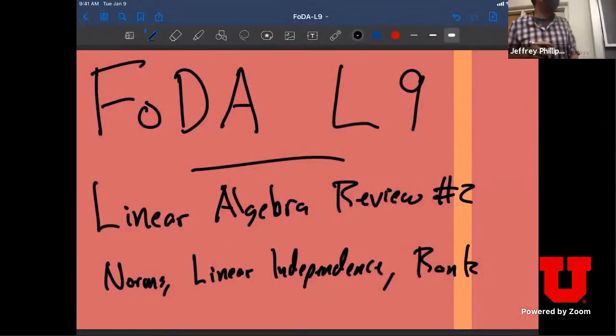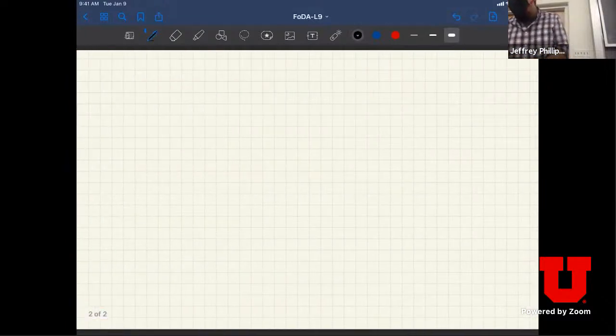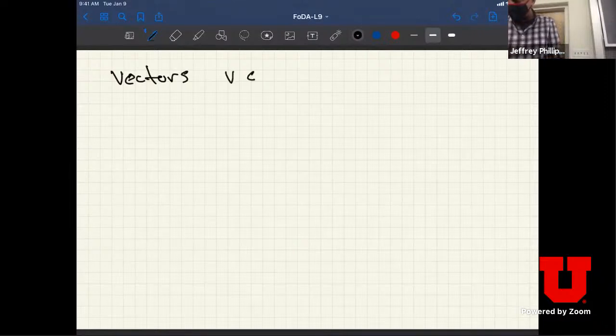Okay, linear algebra review number 2. All right, so we reviewed last time that we have vectors, and I'll try and use a v or a lowercase letter, and this will say an element in R^d.